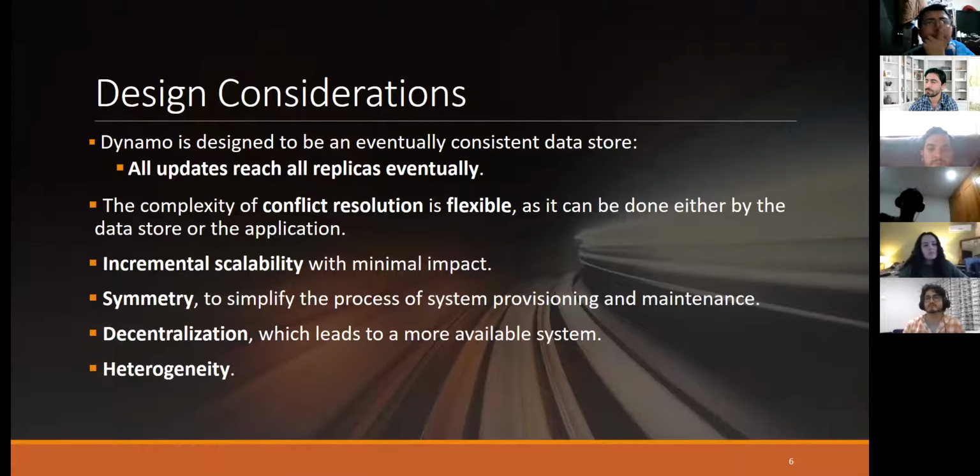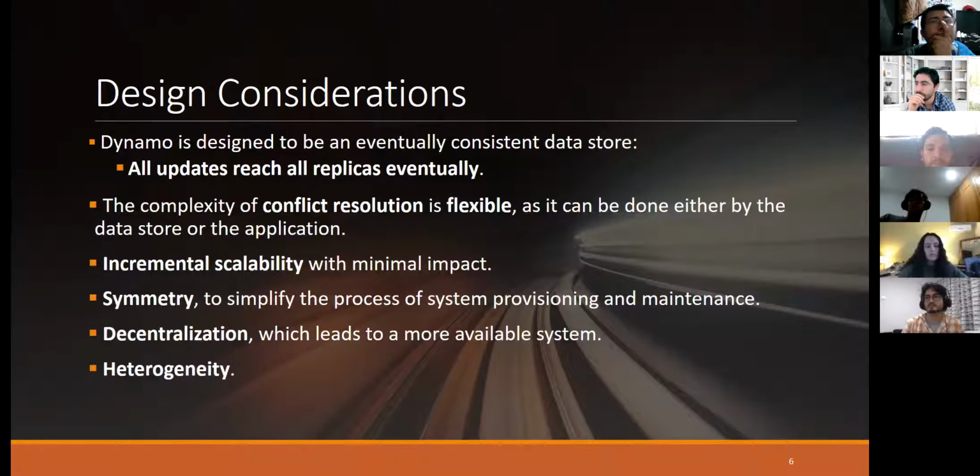So what are the design considerations? In the end, Dynamo is designed to be an eventually consistent data store. As we have seen in previous sessions, rather than dealing with the uncertainty of the correctness of an answer, the data is made unavailable until it is absolutely certain that it is correct.